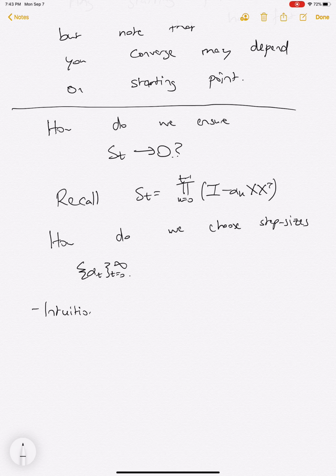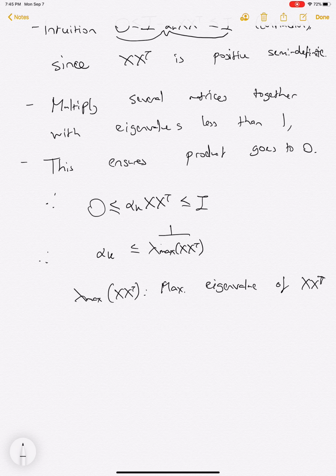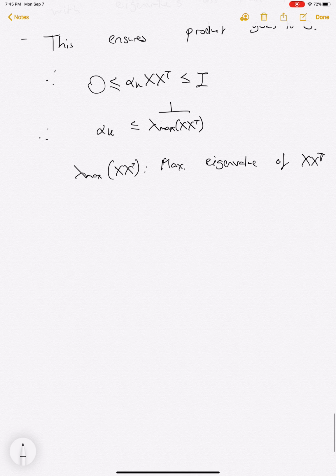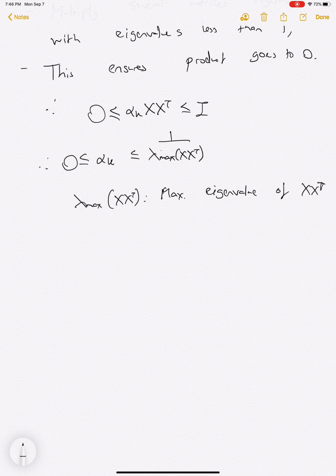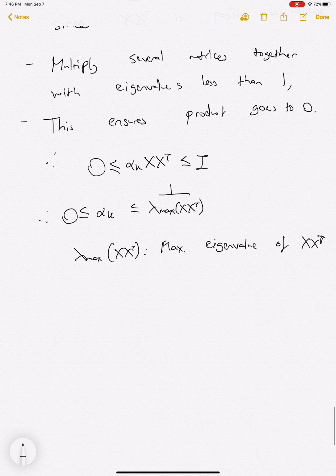This is the maximum eigenvalue of XX transpose. Okay, and then the other thing we obviously need to ensure is that alpha k is bigger than 0. And this should be true for all k.